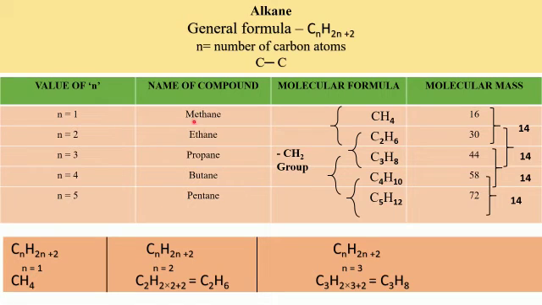One more thing, the naming of the compounds. Here we have the root words, that is meth, M-E-T-H, E-T-H, that is eth, P-R-O-P, that is prop, B-U-T, that is but, and P-E-N-T, that is pent.